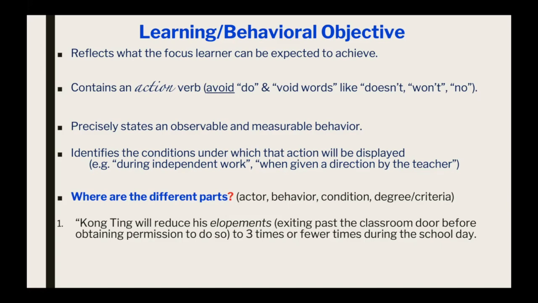And let's see, under which conditions? Oh, there it is at the tail end, during the school day. And where do we think we can have the student performing? We think we can cut down the number of elopements to 3 times or fewer.